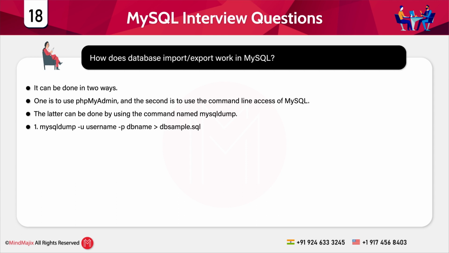On the command line, you have to type mysql -u, username, -p, db name, less than sign, then dbsample.sql. If you carefully observe, there is a change of only the sign, greater than and less than. That is the only difference between these two commands.